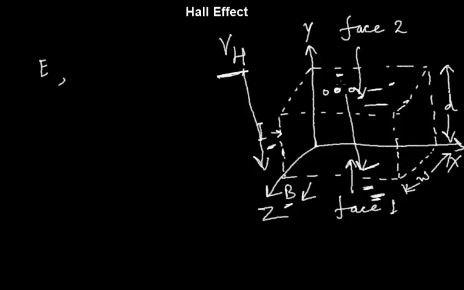Why are electrons or holes, the charge carriers, moving towards phase 1 from phase 2? Because of that force only. And that force is exerted due to electric field E. So that force should balance the magnetic force. So the electric force should balance the magnetic force.